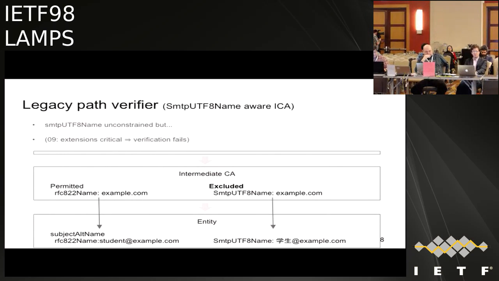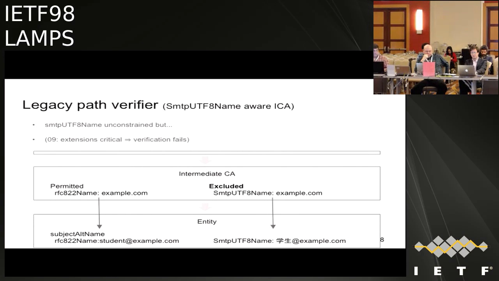Right. I think we need to look at very specific use cases. There are two badly behaving corner cases: a legacy verifier against an SMTP UTF-8 aware CA, and vice versa. It's really the SMTP UTF-8 verifier and a CA that's completely ignorant of SMTP UTF-8 that's the worst case.